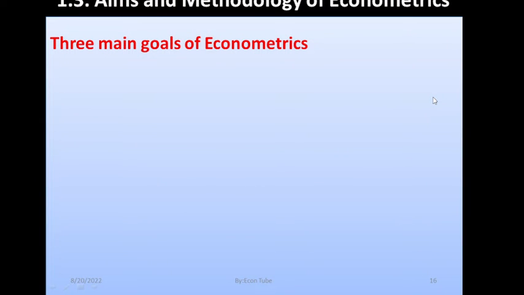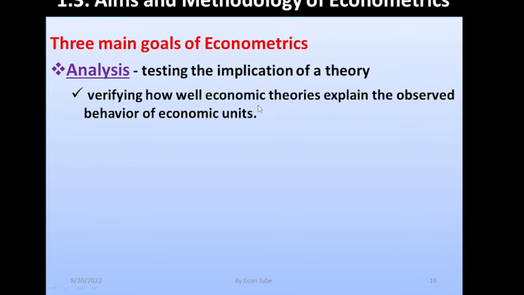What are the aims and the methodology of econometrics? Econometrics has three main goals. The first one is analysis: testing implications of a theory. By verifying how well economic theory explains the observed behavior of economic units, it helps us with analysis.